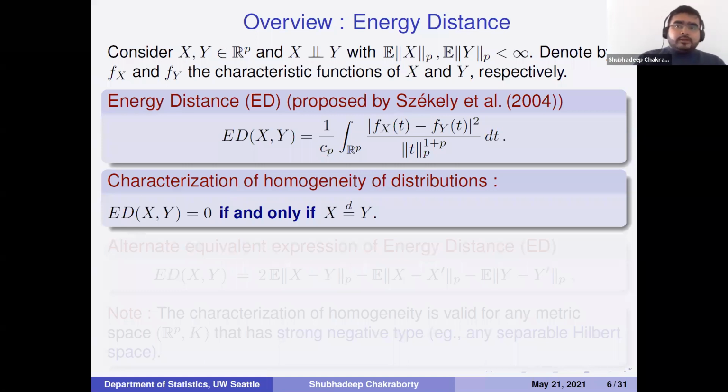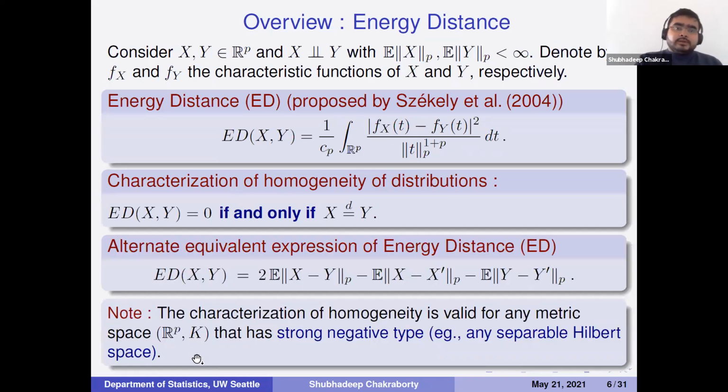Well, a question that will naturally arise here is, in this expression of energy distance, if we replace these Euclidean distances by any general metric, does the characterization of homogeneity of distribution still hold good? The answer is yes. Consider a general metric K on the p-dimensional space.